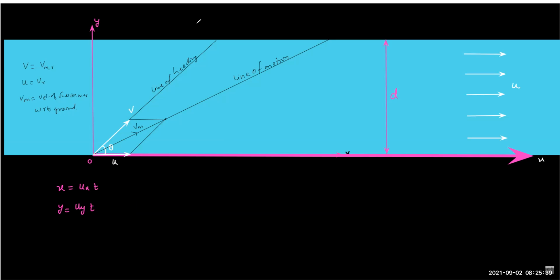In general, what does ux refer to for the given situation? ux refers to this value. Because this is the resultant velocity, if you drop a perpendicular to the x-axis, this entire length is ux. So this is your ux, and this is your uy.